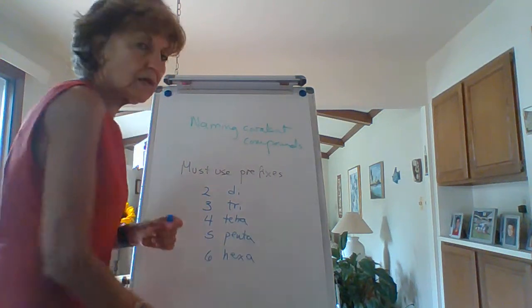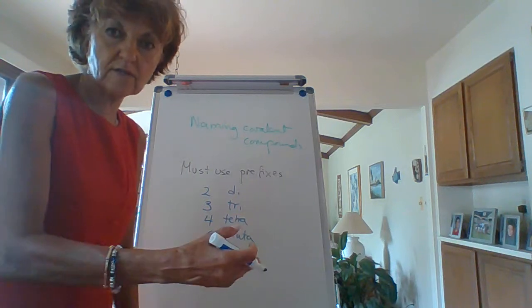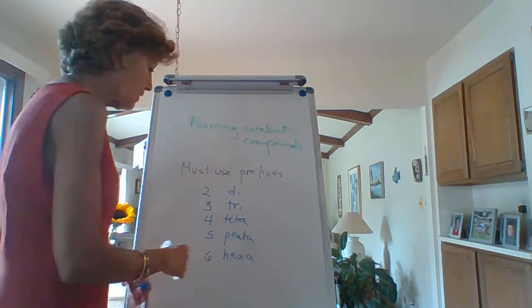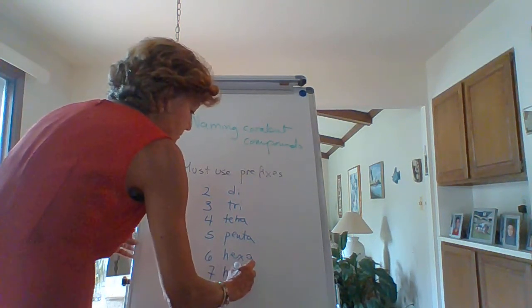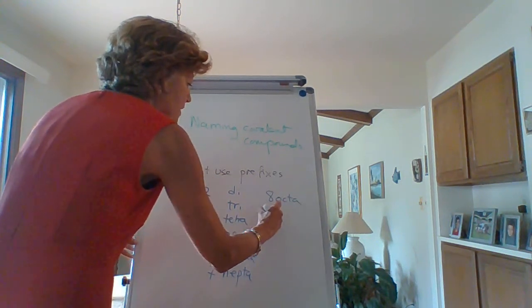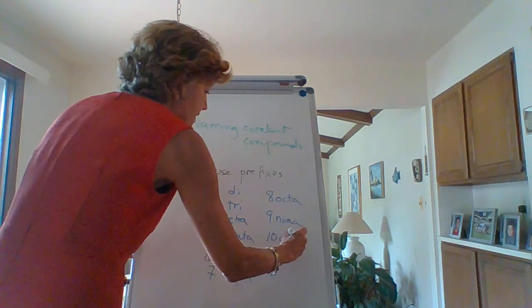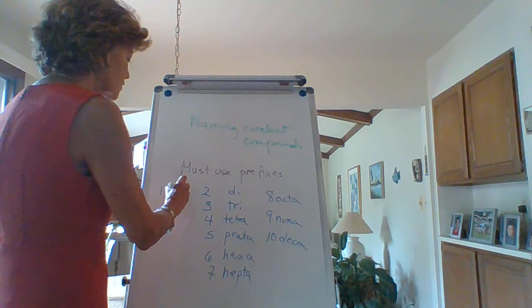Sometimes you drop the A if you have a vowel, so it'd be hexoxide, not hexaoxide, because A and O, you end up dropping the A. 7, hepta. 8, octa. 9, nona. And 10, deca. And 1 is mono, but we don't really use that a lot.